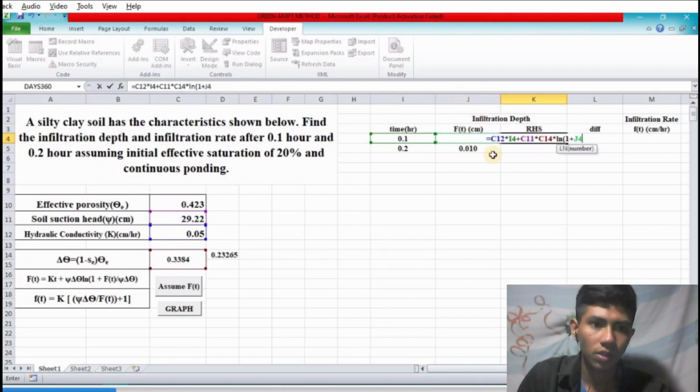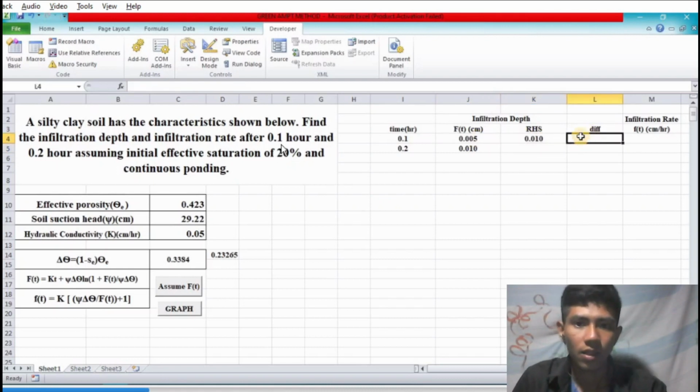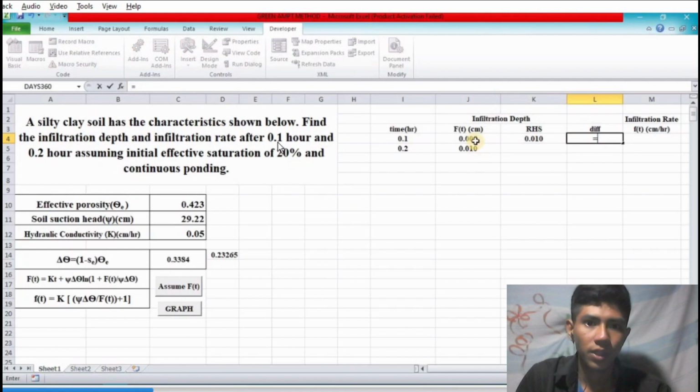We can't type the value directly, so just type J4, where it is located, divided by suction head and divided by delta theta. Okay, enter. Now we get that, but the two values are not the same. That's where we'll be using the Solver.